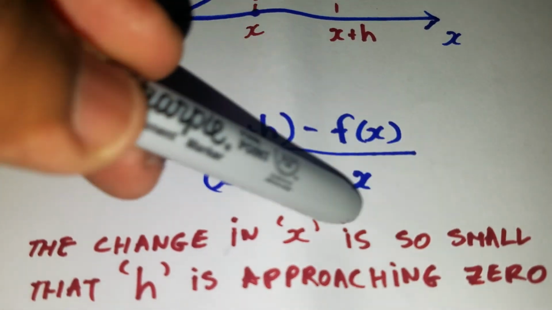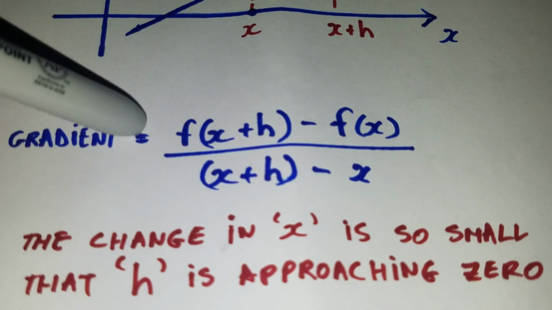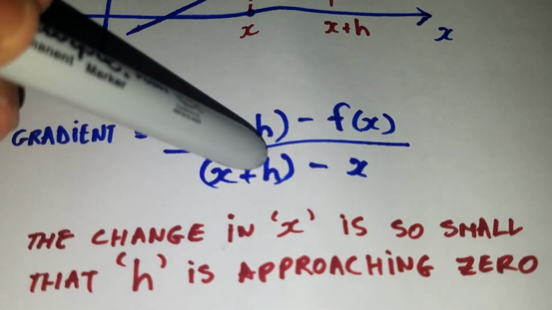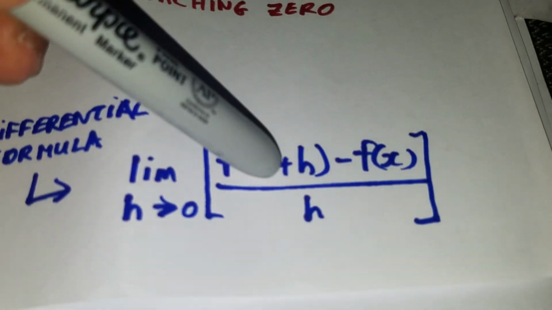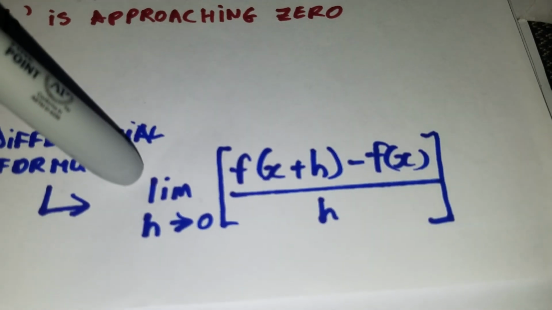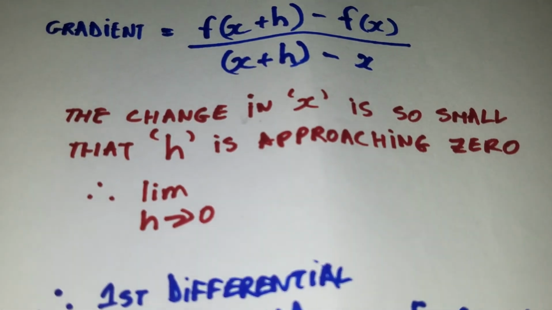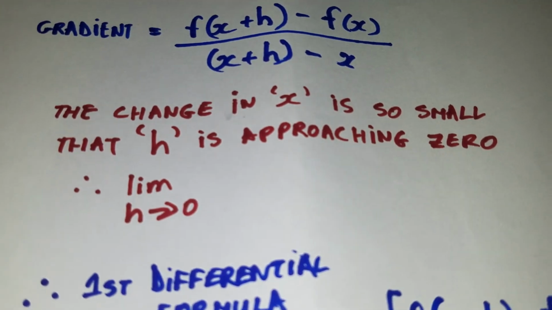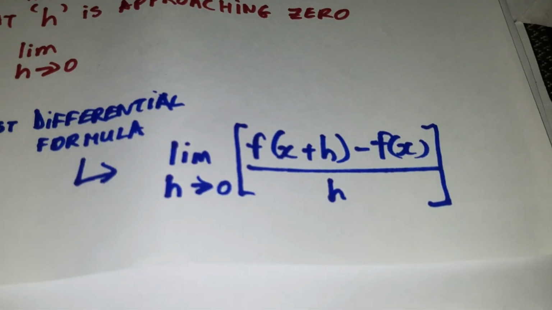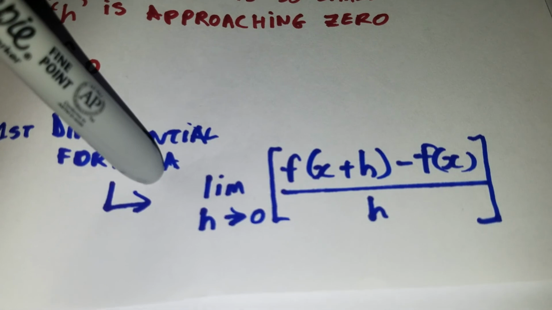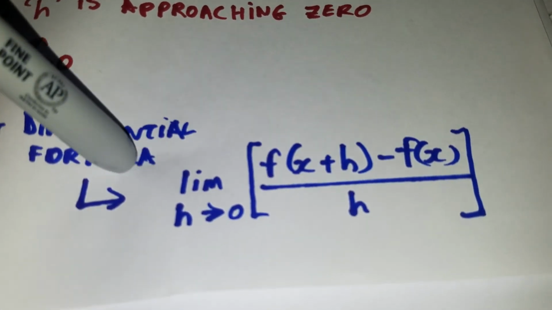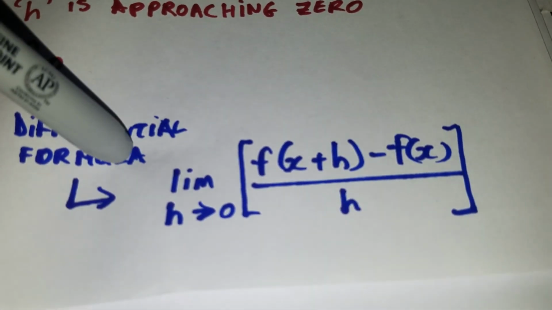So we basically rewrite this entire formula right here. However, this time the denominator will only have h. And the limit is h approaching 0 because, as we said, h is so small that it is basically approaching 0. Now this is the principle, the first principle formula.